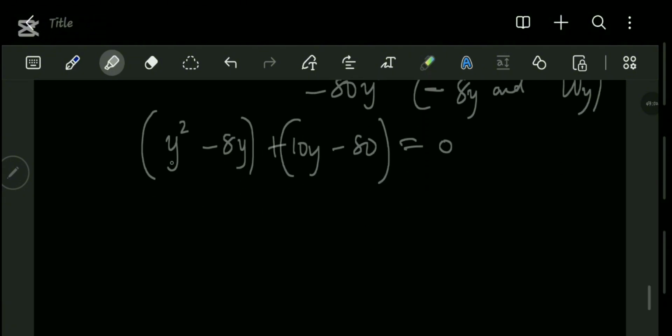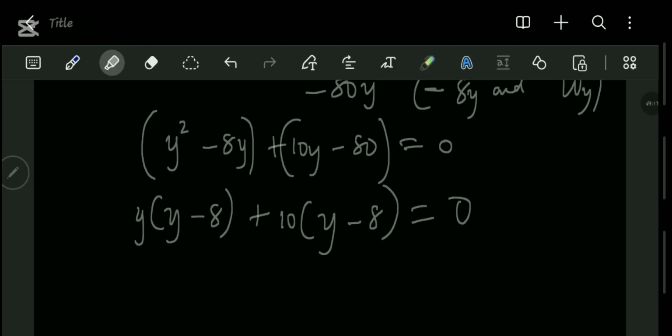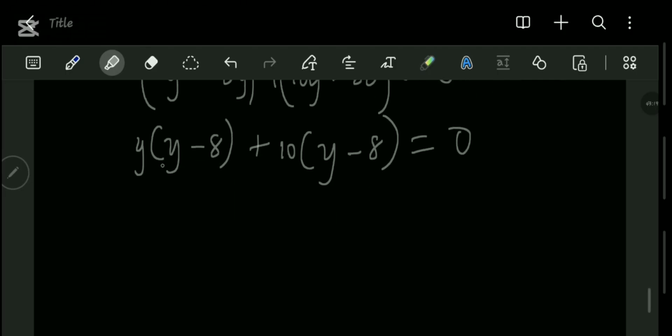From the first bracket, y is common. I have y into y minus 8, and then plus, from here too, I can see that 10 is common, 10 into y minus 8, and that's equal to 0. So what's in the bracket? This bracket is the same as this, so I can pick one of these, y minus 8, and then y plus 10.